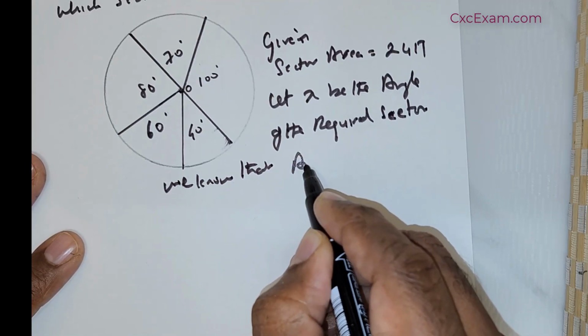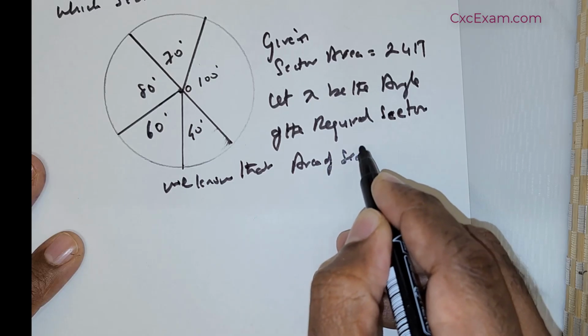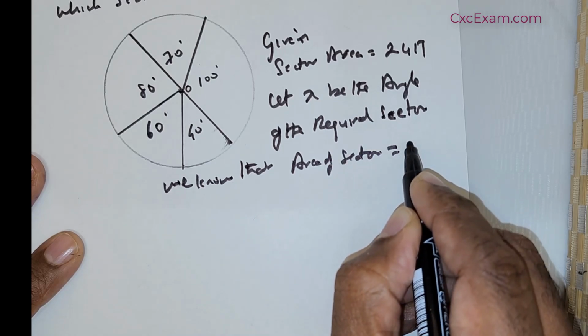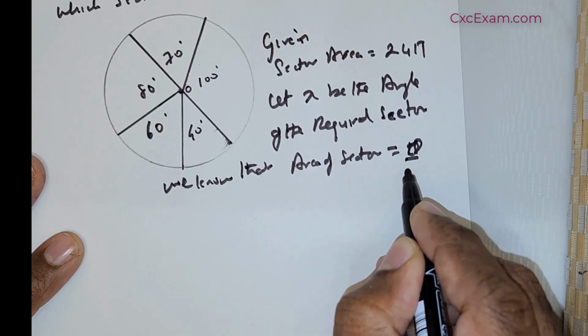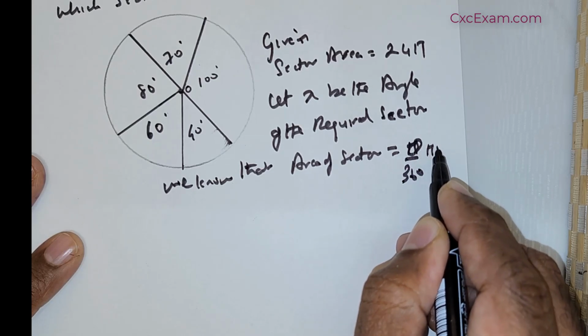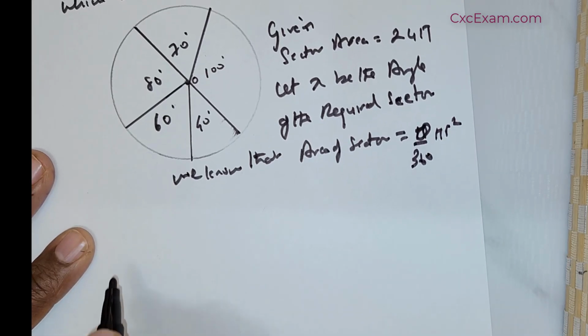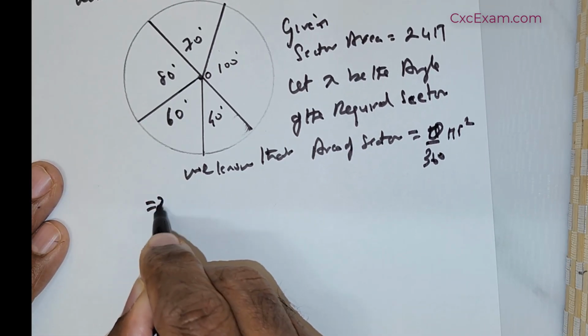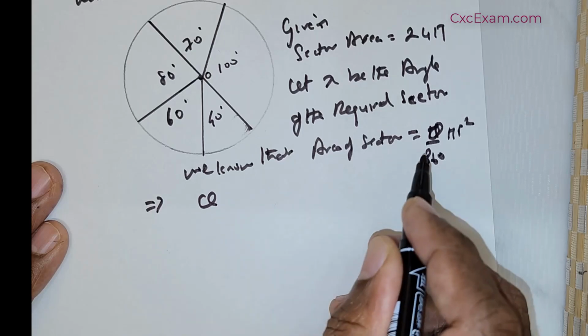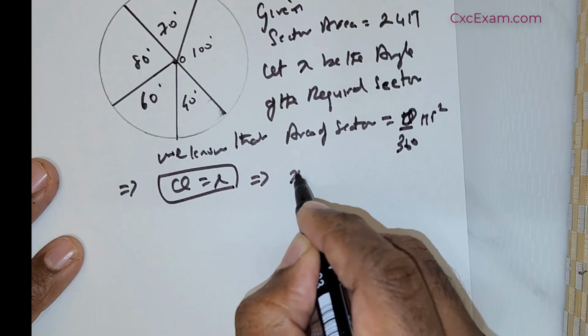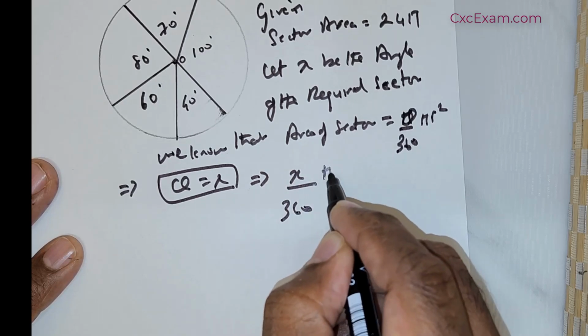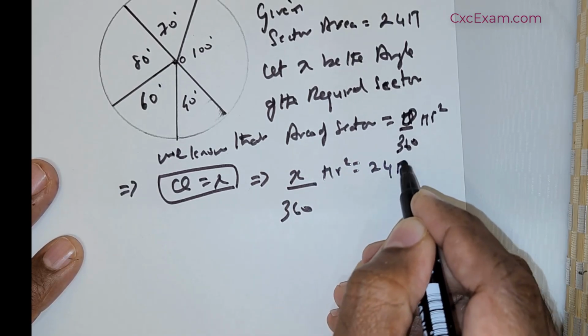We know that the area of a sector is given as theta over 360 multiplied with pi times r squared. So theta is equal to x. That in turn means x over 360 times pi r squared is equal to 24 pi.